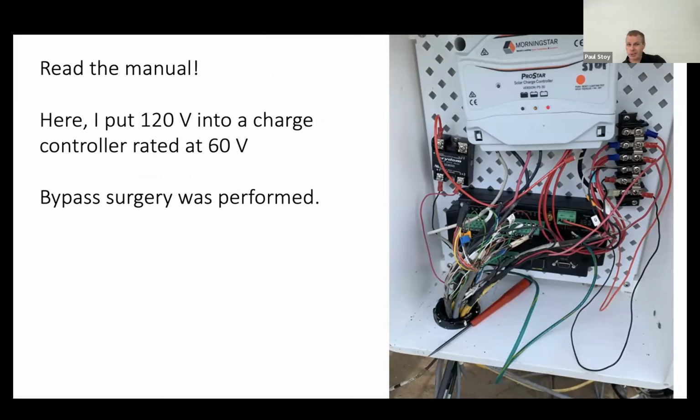Maybe I was used to a bigger charge controller, but I put 120 volts into a charge controller rated at 60 volts. And then about a month later, I smelled plastic and the batteries were dead, because I did something wrong. So always make sure you know your instrumentation, that you know the compromises that you're making, that you know how the system works, and that you know the polarity, what's positive, what's negative, because we're mostly working with DC power.